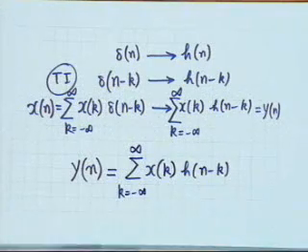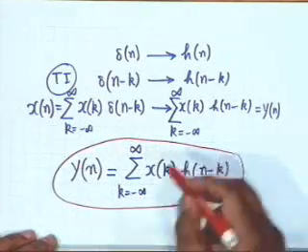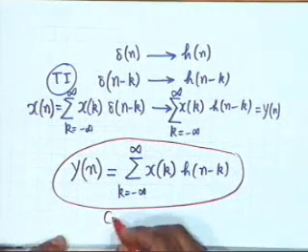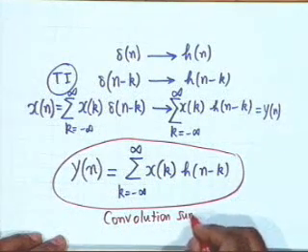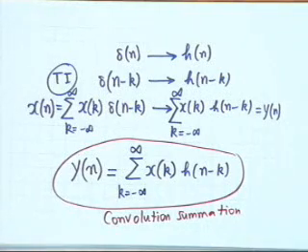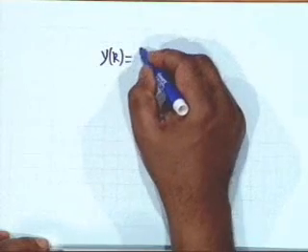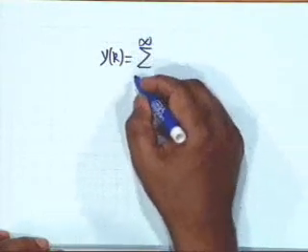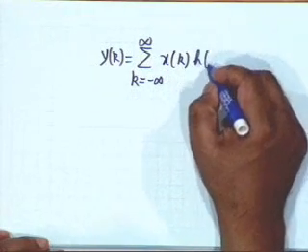And this summation is called the convolution summation. In order to make an imprint in your mind, let me write this again and again. I shall do that till you get saturated of this relation. x of k h of n minus k.